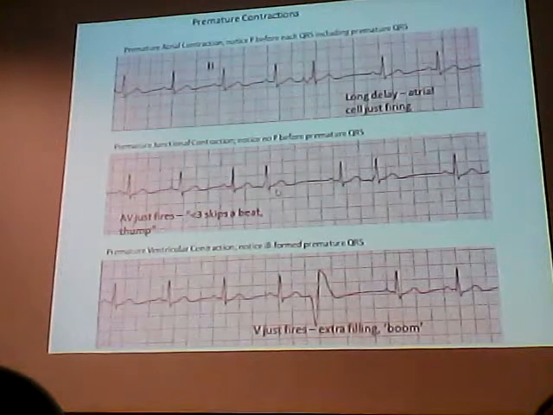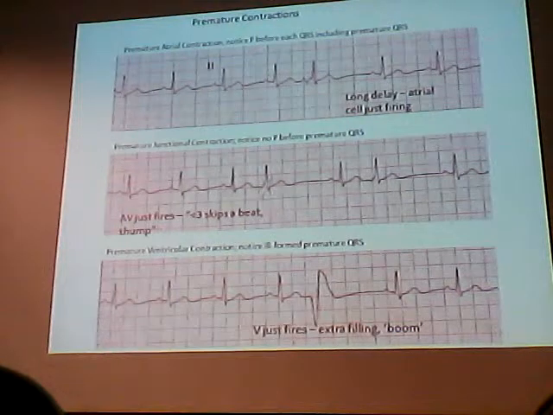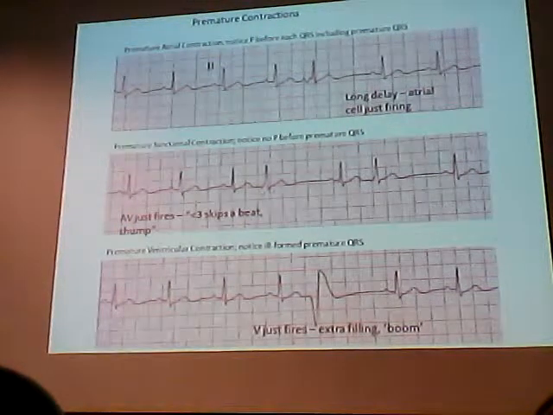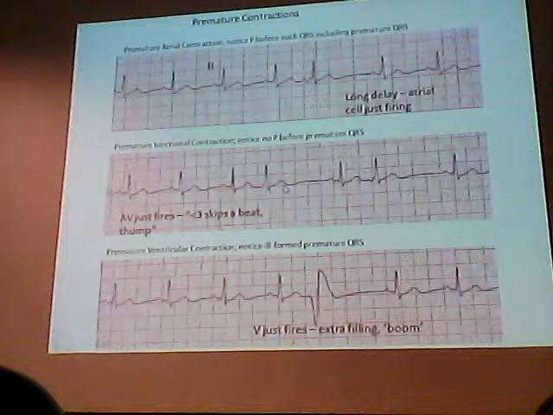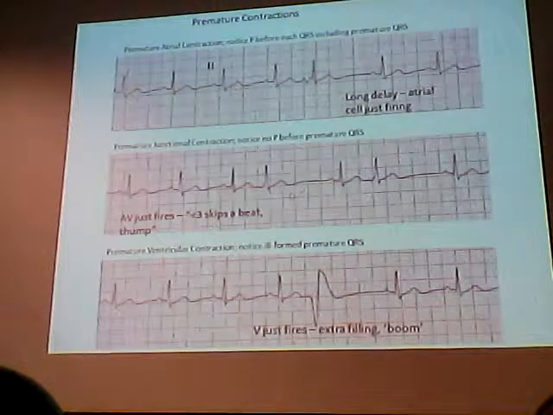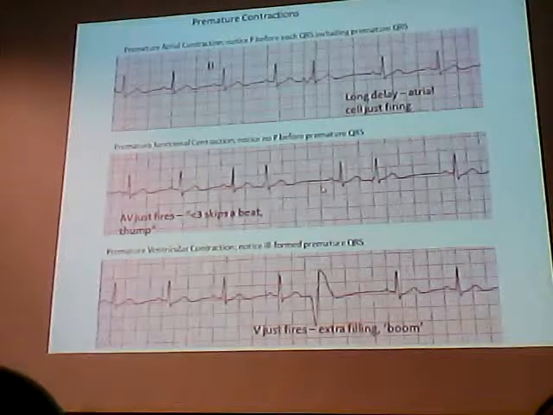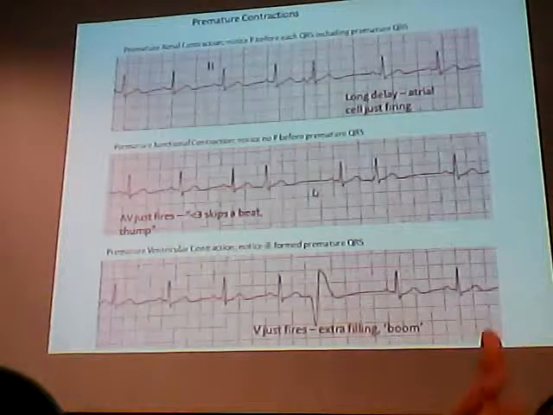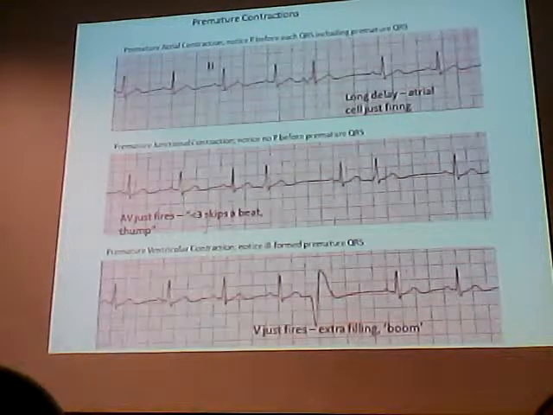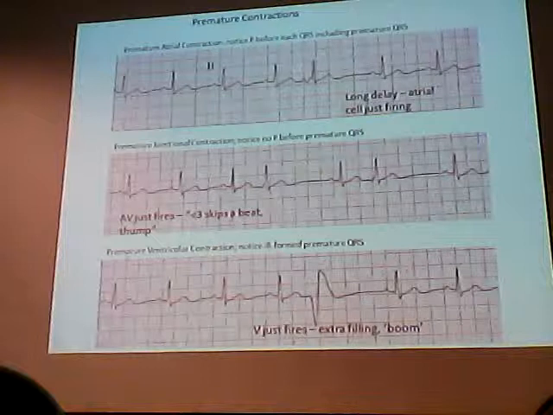That's because you fired here kind of prematurely, you didn't really see a P wave, you just went with it early, so you had a long delay leading up to the next time, and this long delay just means a lot of filling, so that's why it'll feel like a thump.